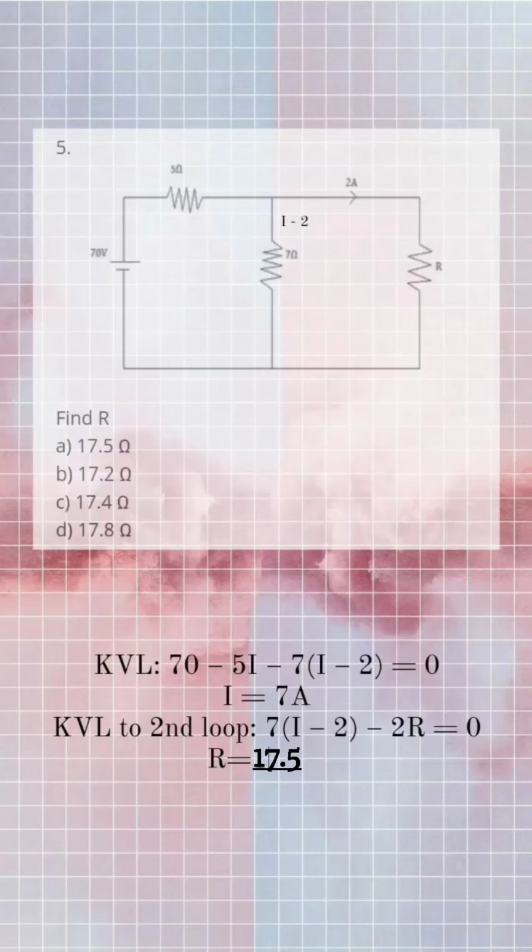Still using the KVL, 7 times (I minus 2) minus 2R equals 0. Since we already know that I total equals 7 A, therefore I minus 2 is 5 ampere. So from that equation, we now know that R is 17.5 ohms.